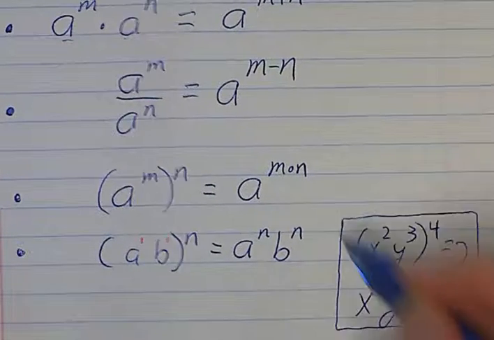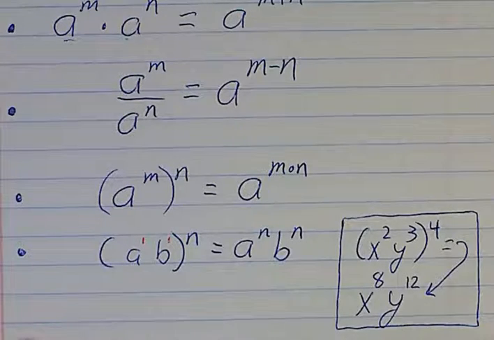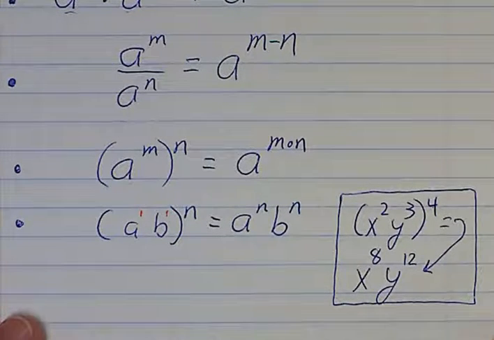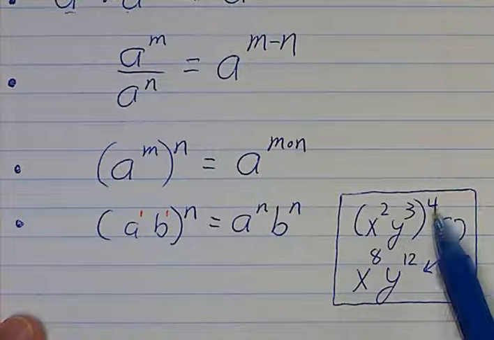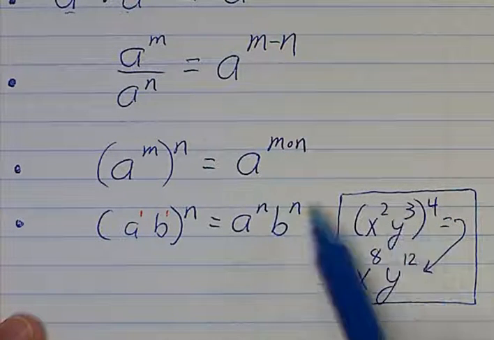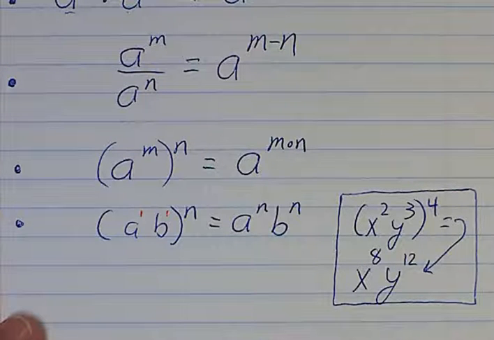And usually that helps more than anything else, to see one where you've got real numbers instead of just all variables. So if you have more than one letter, you've got to take this 4, whatever the outside power is, and multiply by every single variable that you have on the inside. If you've got more than one variable, you've got to do it multiple times.